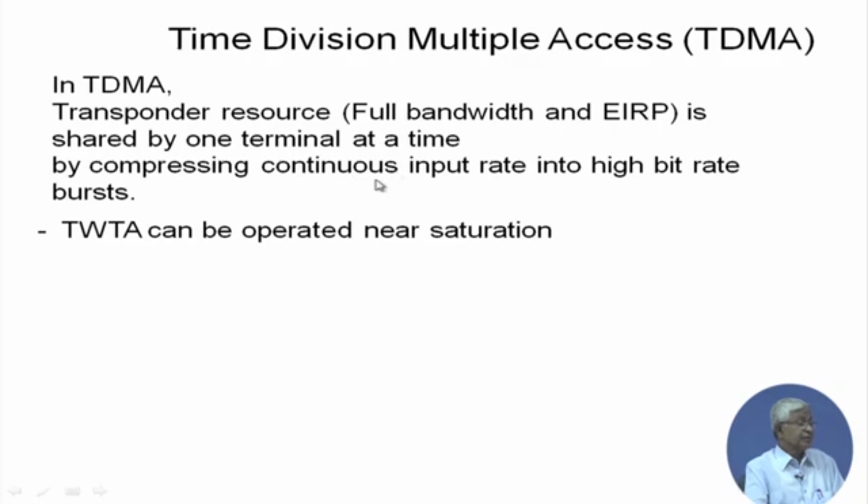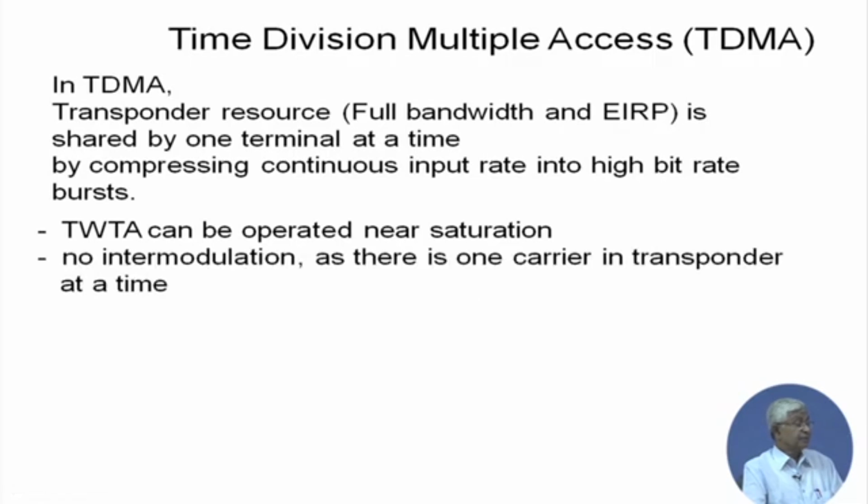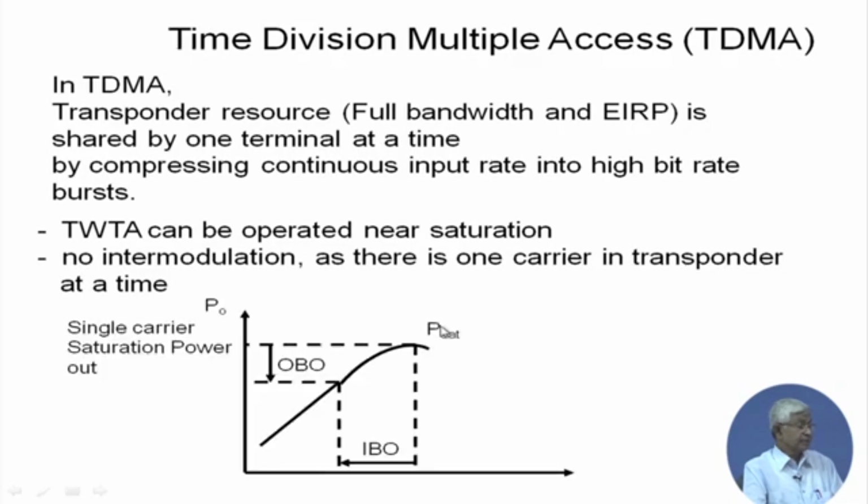The disadvantage is you increase the bit rate, but operating the TWTA near saturation means you can increase the coverage contour, or the G by T of the receive stations can be reduced. So, no intermodulation, there is only one carrier present at a time, and you are not operating in back off, in the nonlinear region; you are operating at the saturation point, single carrier saturation power.